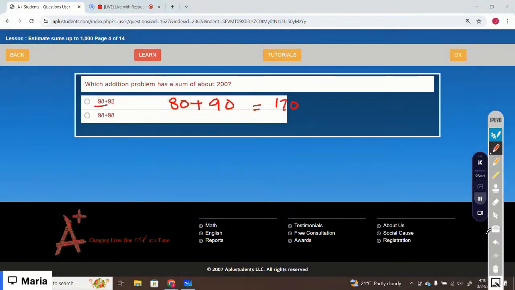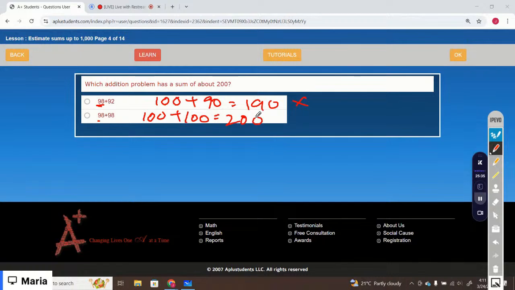So we are given two of the options, 98 plus 92 and 98 plus 98. Just look at the first one. 98 is rounded to 100, but 92 is rounded to 90. So their sum is 190. That is not the correct option. Look at the second one. 98 is rounded to 100, and then again 98 is rounded to 100.